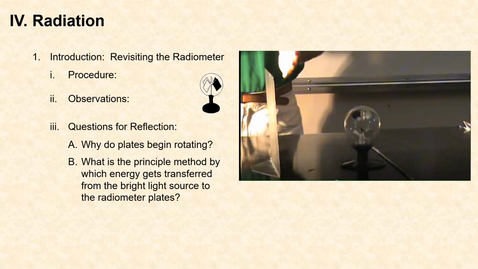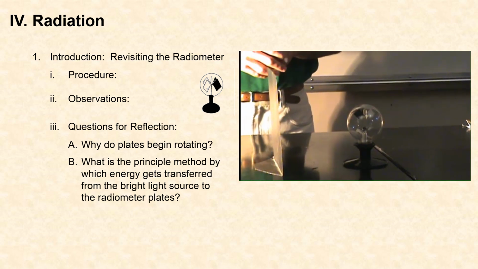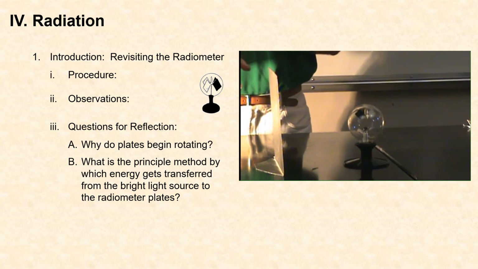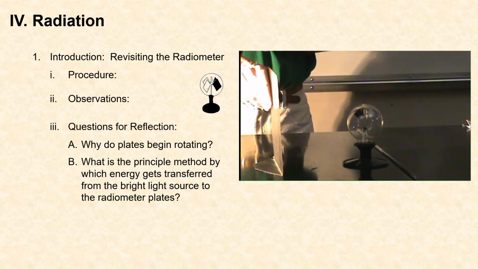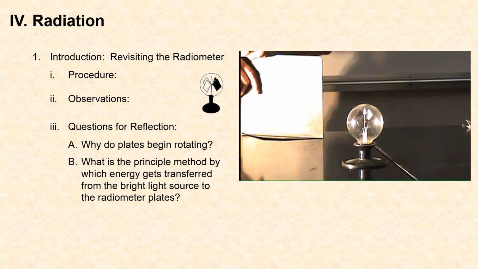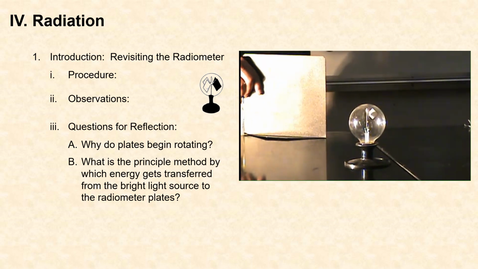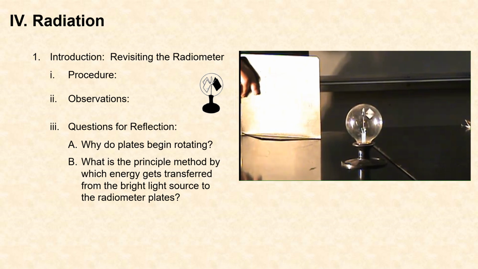So we will now revisit the radiometer, because this third method of heat, that is energy transfer due to a temperature difference, is one you're already familiar with. It is energy transfer in the form of electromagnetic waves that we now give the name radiation. While both conduction and convection require a medium for transfer, electromagnetic waves, as y'all know, can transfer through empty space even when no matter is present.